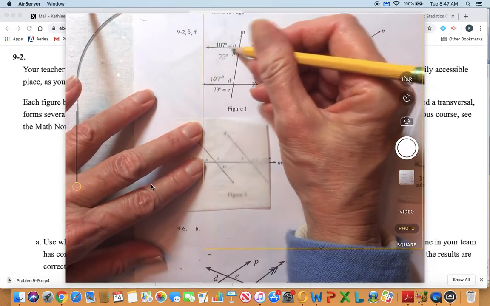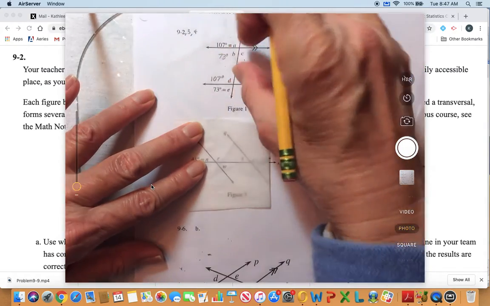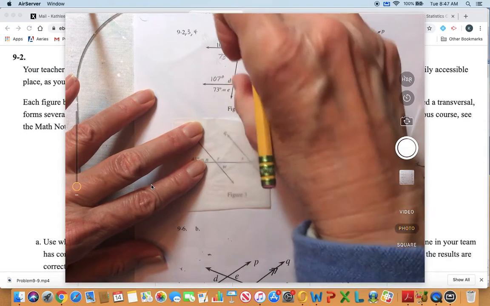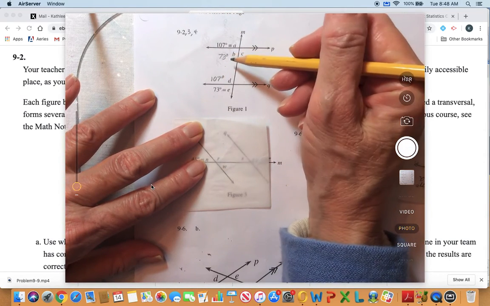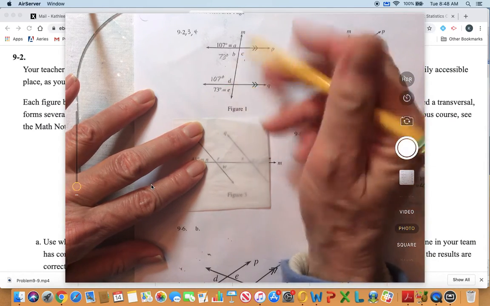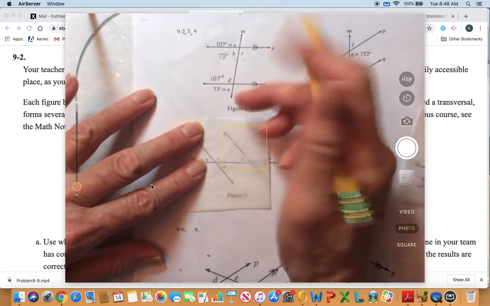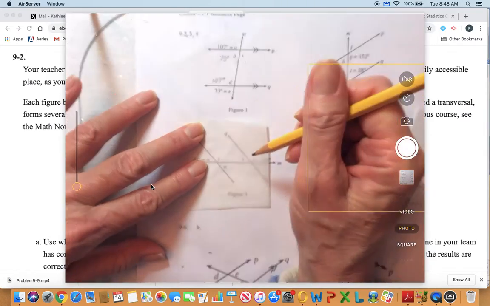If we look at the one that's underneath the transversal or the parallel line, or inside the parallel lines, we see that it's 73 degrees. And then if we look at this one, which is also underneath this parallel line, it's 73 degrees.